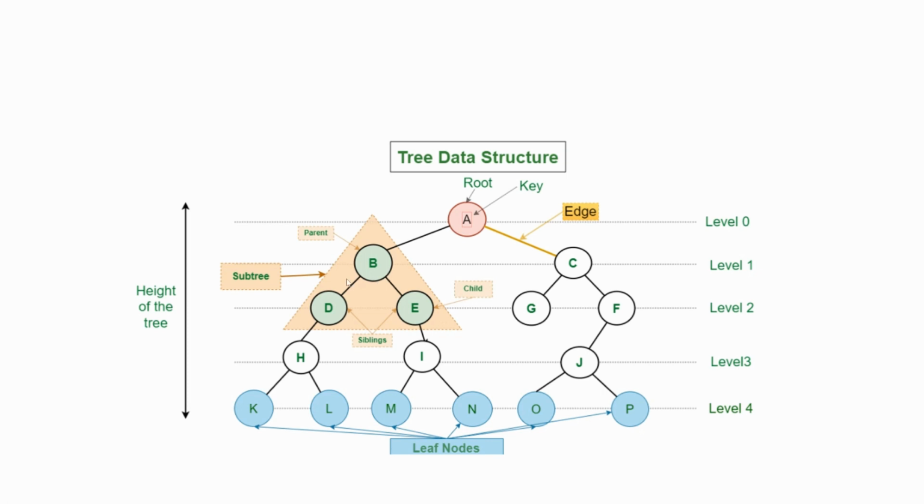B and C. B and C, they have further children. B's child is D, D's child is H, H's child is K. The bottom level, the last level of the tree, the nodes that do not have any more children, are called leaf nodes.